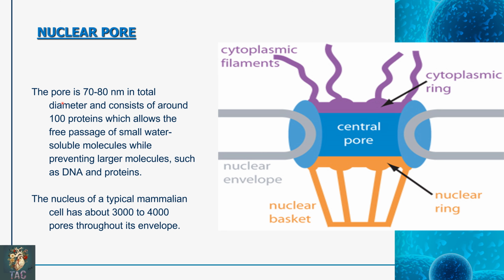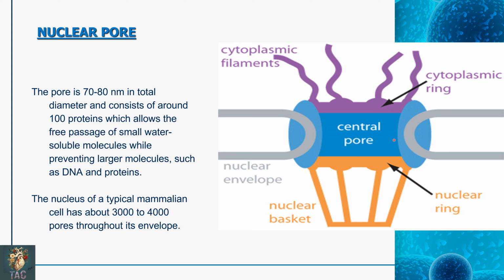So the nuclear pore is about 70 to 80 nanometers in total diameter and consists of around 100 proteins, which allow the free passage of small water-soluble molecules while preventing larger molecules such as DNA and proteins. The nucleus of a typical mammalian cell has about 3000 to 4000 pores throughout its envelope.